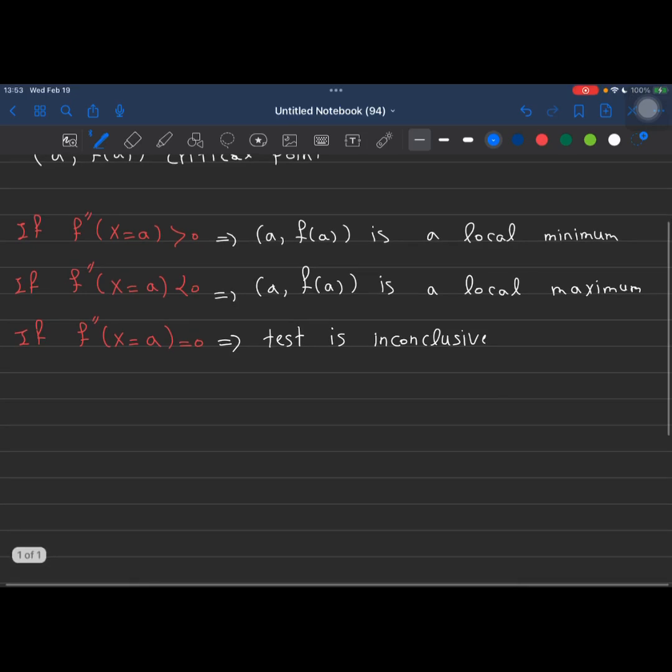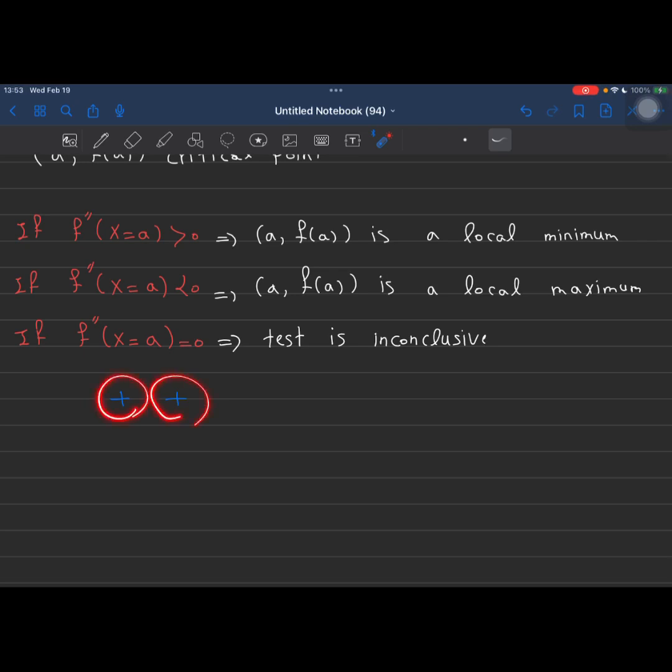So I'm just going to put two plus signs here to show that we are differentiating twice, and the derivative is positive. So in this case, (a, f of a) is a local minimum, and the shape of the graph is something like that. You see we have a smiley face. If you are a positive person, you will be happy, you will be smiling. And therefore, we have a local minimum down here.